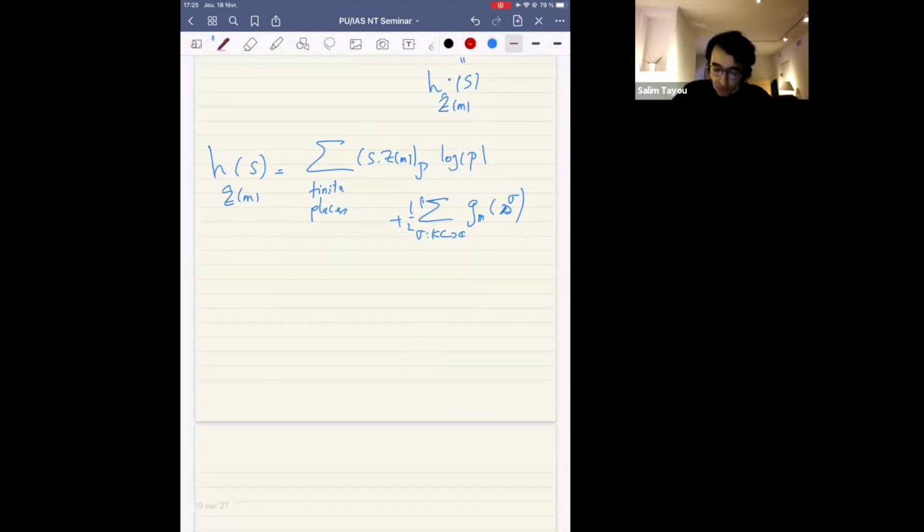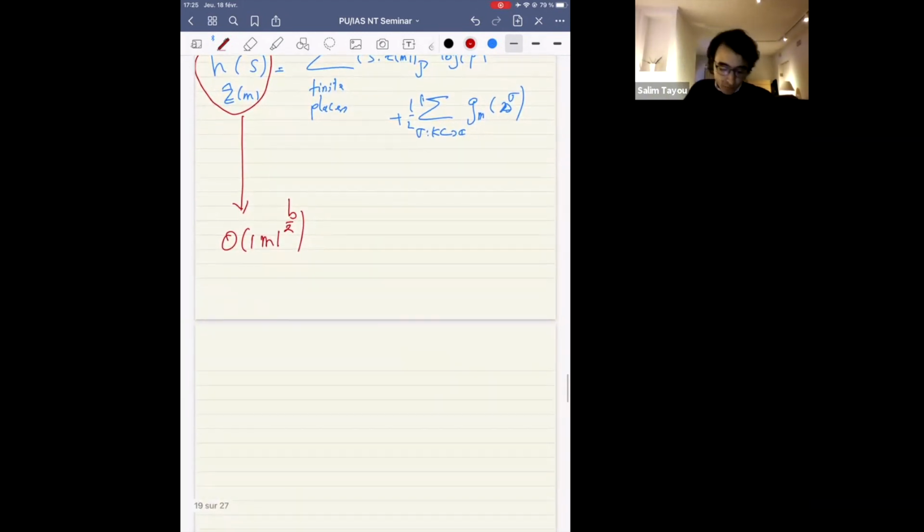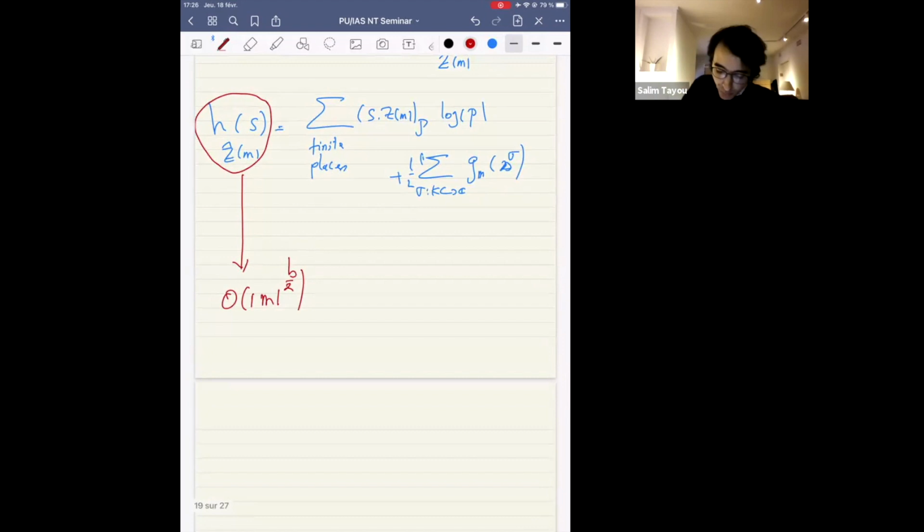So the Borcherds modularity result implies that this term, as we saw in the complex setting, is, okay, here it will be a big O of m to the power b over 2, which is enough here. Being a big O of m to the power b over 2, that's what we need. And so we want to prove that the set of places that contribute to this sum as m varies is infinite.